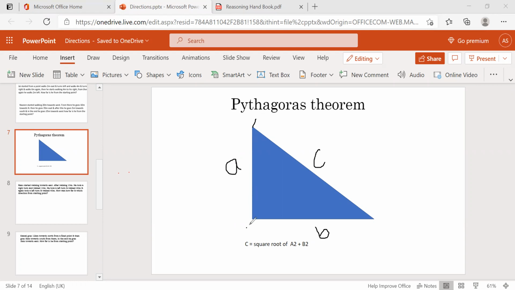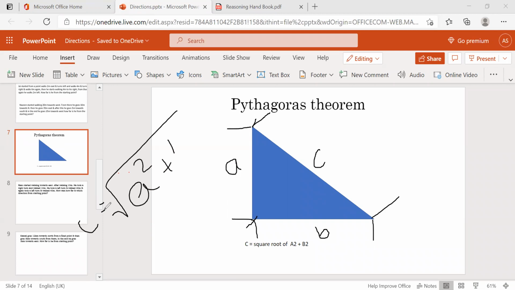If you know the A length and the B length, then we can find the C length. How? C is nothing but the root of A square plus B square, right? So we are going to use this Pythagoras theorem for problems in directions.